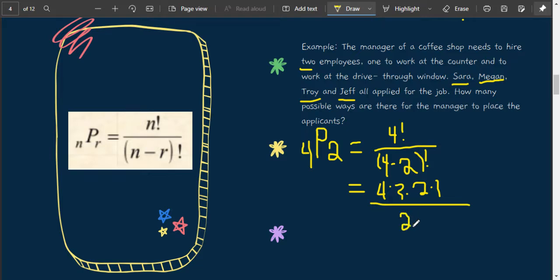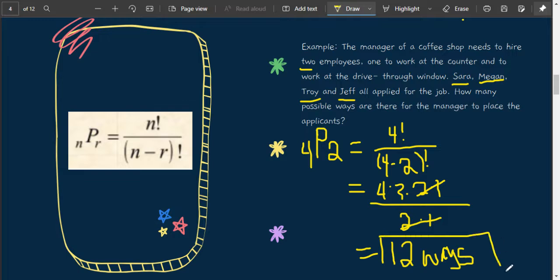At ang 2 factorial is 2 times 1. So, ngayon, pwede naman natin itong i-cancel kasi parehong-pareho sila. That will be equal to 1. So, ang matitira na lang ay 4 times 3. And that is 12. So, there are 12 ways on how the manager will choose or hire from the 4 applicants. Okay? So, I hope that you already understand this because I made a video tutorial last time.